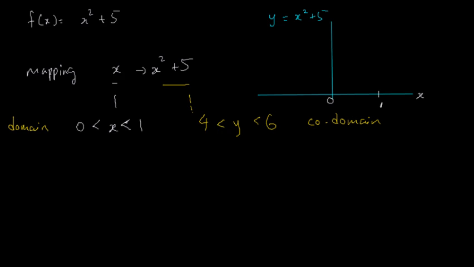Let me clear this up. Okay, so this is my codomain, and this is my domain, my set of allowed values.